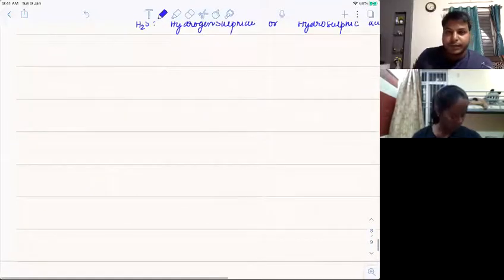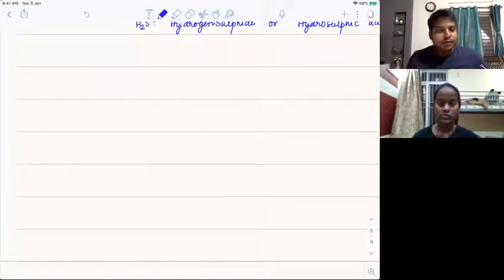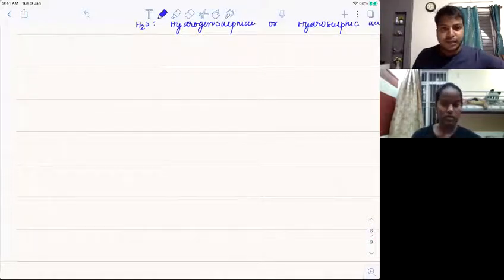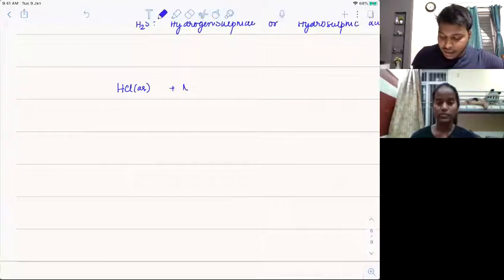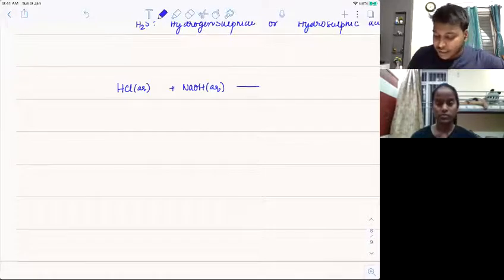Now, you have heard about an acid-base reaction. Correct? Suppose I take HCl aqueous, we know this is called an acid. And if I take NaOH, we call it a base, right? And if an acid and a base combine, we know that it will create a salt.